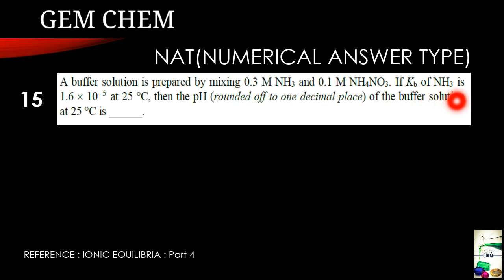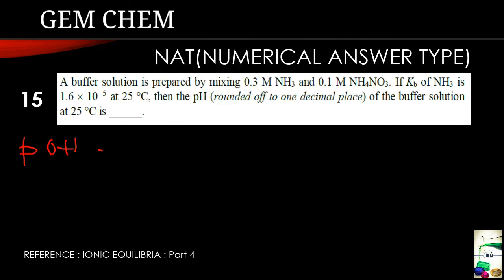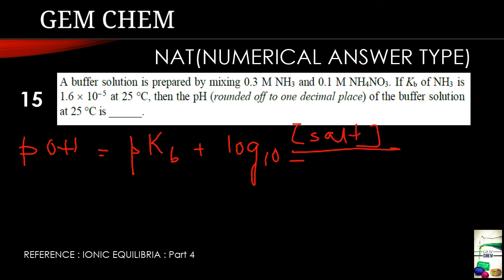If Kb is given for ammonia as this one, then we have to find the pH. Now we know the formula of pOH, right? It is equal to pKb plus log 10 of salt concentration by concentration of base, and pKb is given by minus log 10 Kb, right?